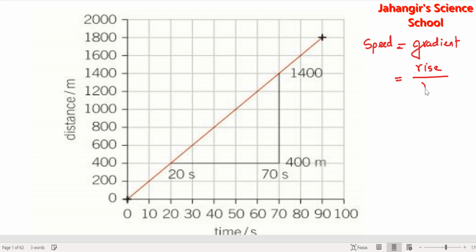Rise by run. Look at the graph. Here rise is 1800 meter and run is 90 second.